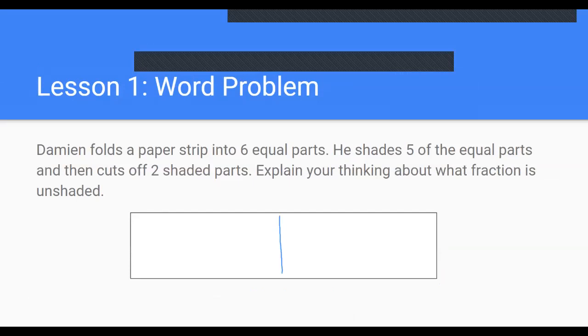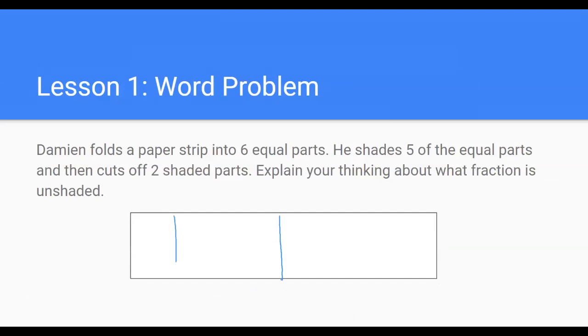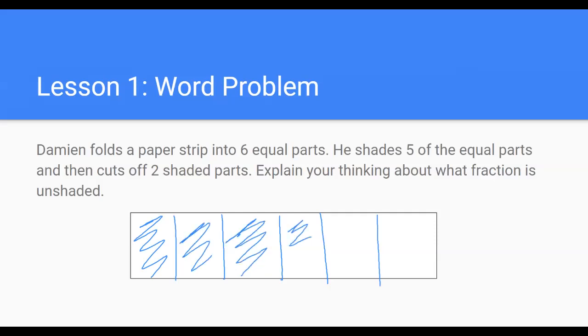So when I partition into 6, I like to cut in half, and then I like to cut in thirds. That's just an easy way for me to get equal pieces. And I'm going to very quickly shade in 1, 2, 3, 4, 5 of those equal pieces out of 6 total. But then he cuts off 2.